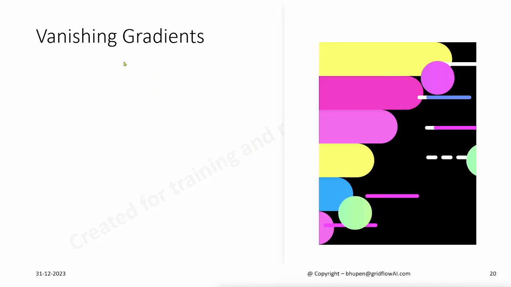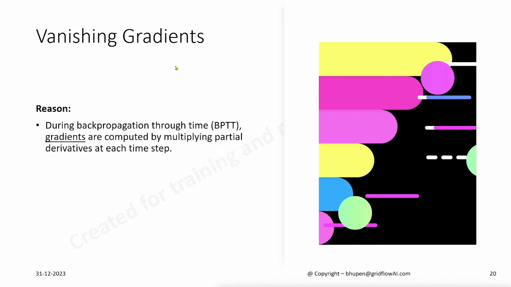Vanishing gradient, as you know, in neural nets, is a serious problem, and more so with sequence data. The reason is we process the tokens or the words in succession.